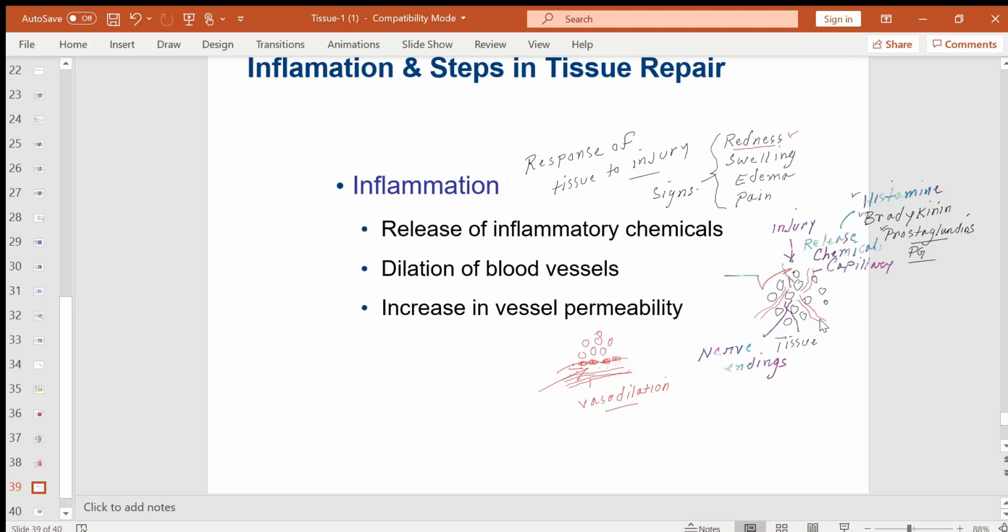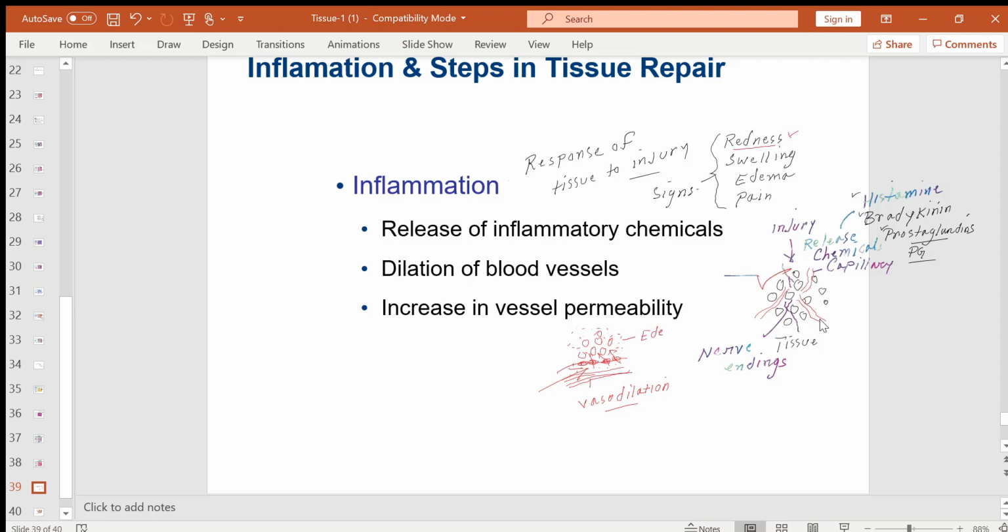So fluid leaks out, comes out through the pores easily. So fluid will accumulate in the tissue, and that causes edema and swelling.